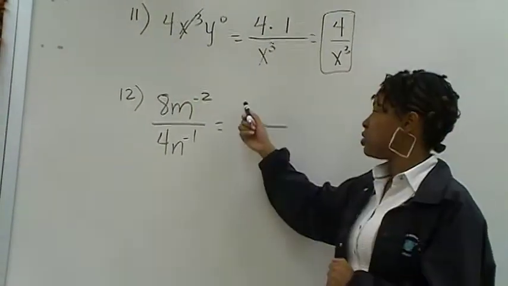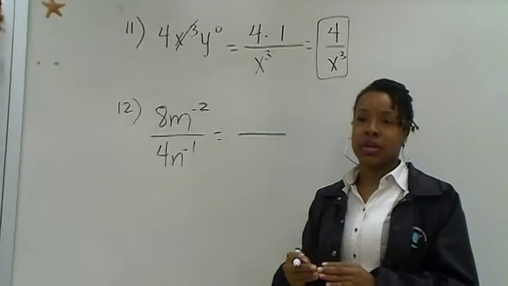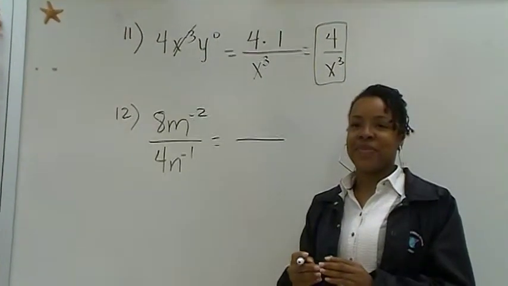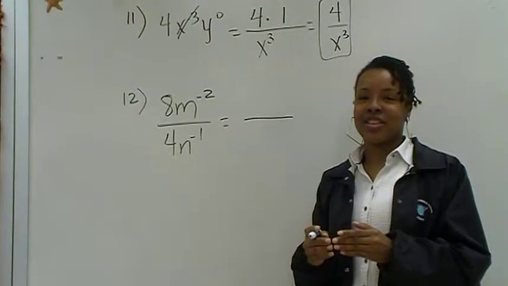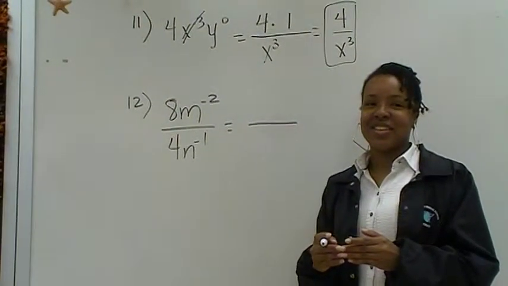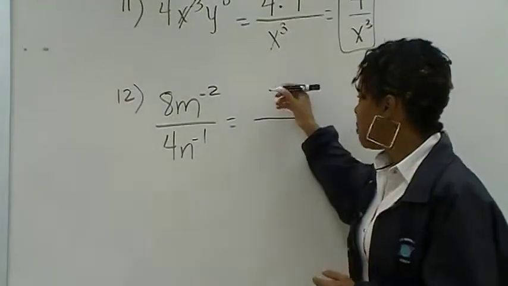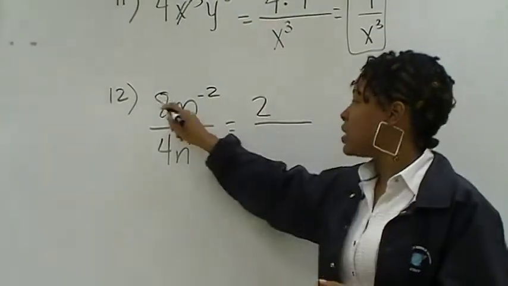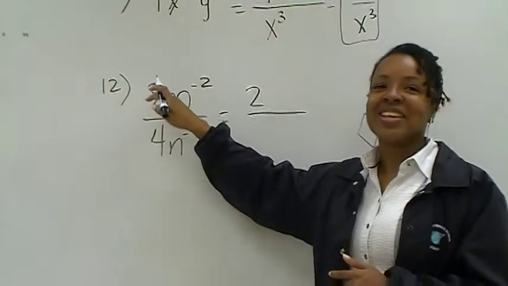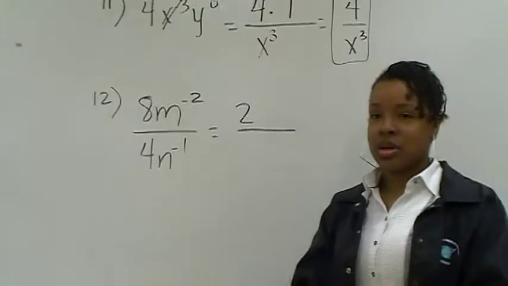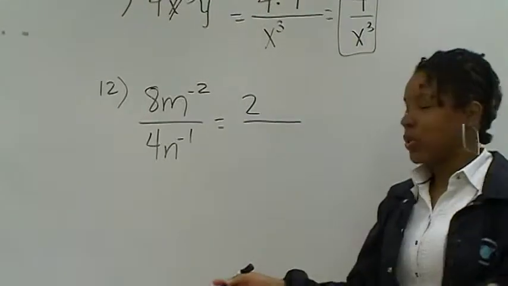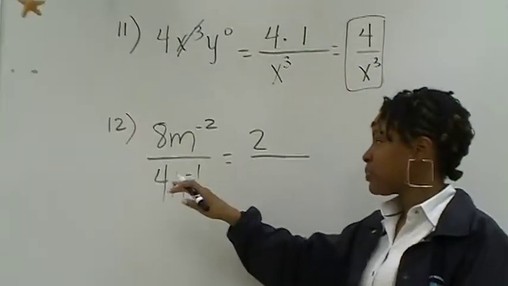Do you think that 2 should go on the top or the bottom? No. Why? So it can become positive. Why do you say the top? It should go on the top because it's just a regular number. It's not an exponent. 8 divided by 4 is just regular old 2. Okay, so you put the 2 on the top.